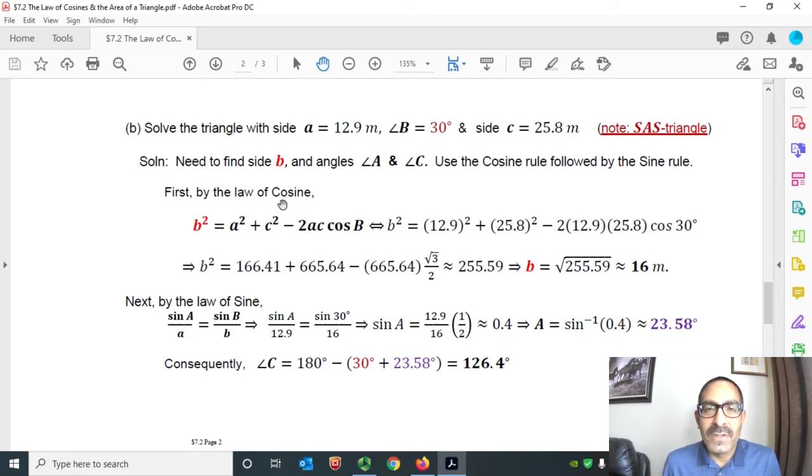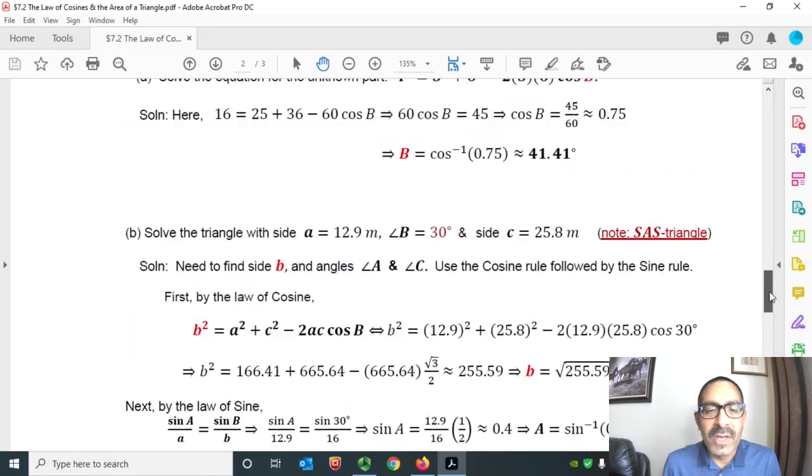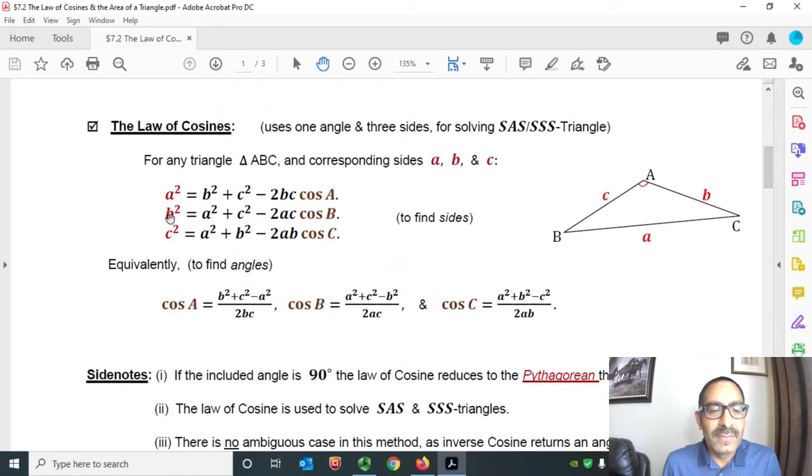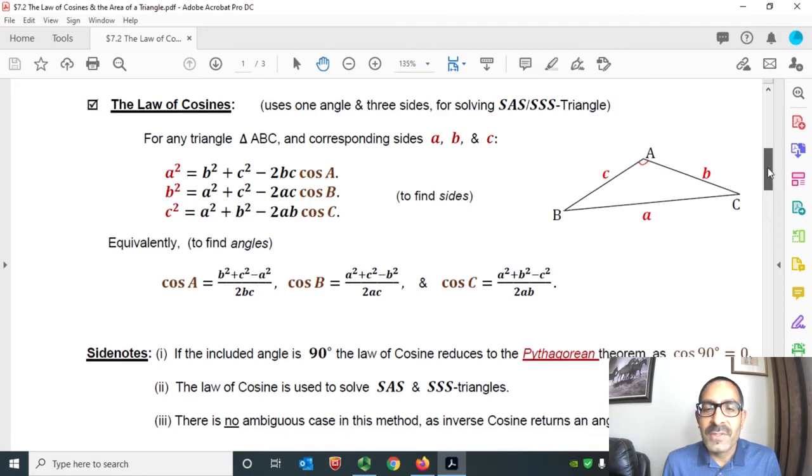First, by the law of cosines, b squared equals a squared plus c squared minus 2ac cosine B. Let me show you the formula here. I applied this formula because we are finding the side b, so I use this middle formula.